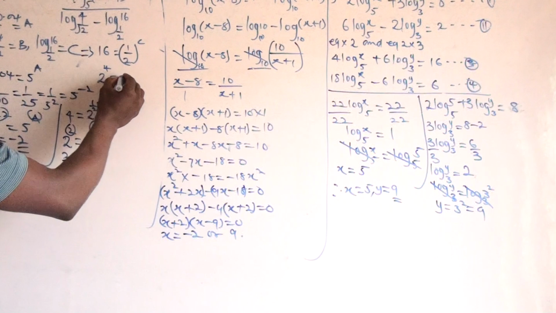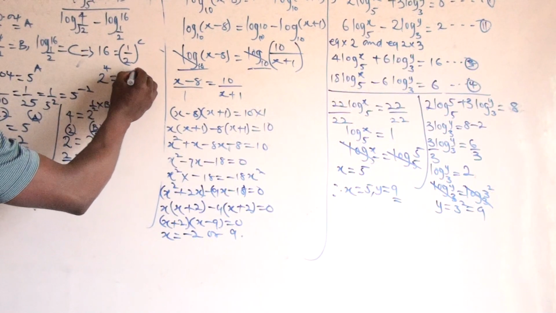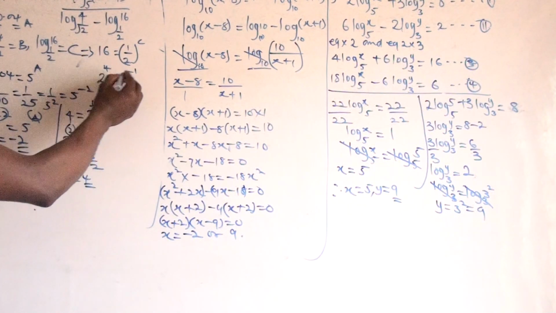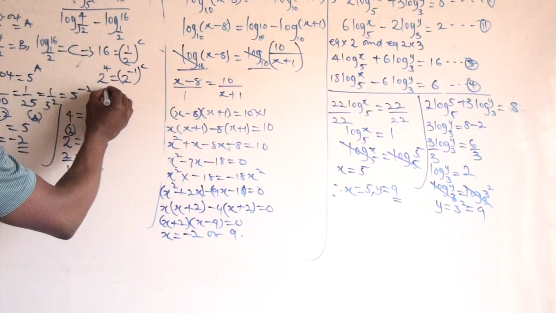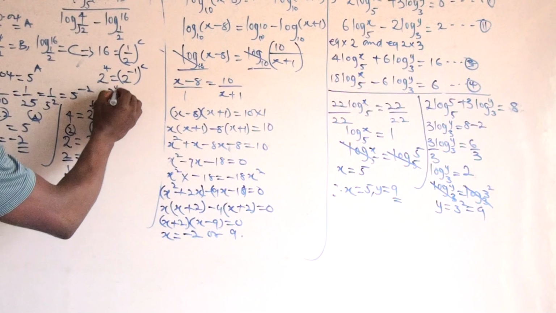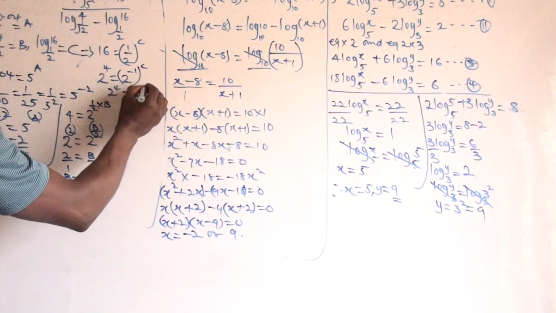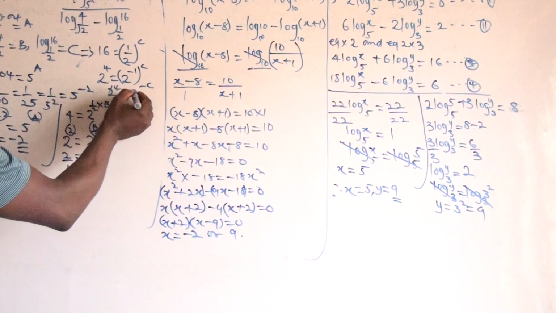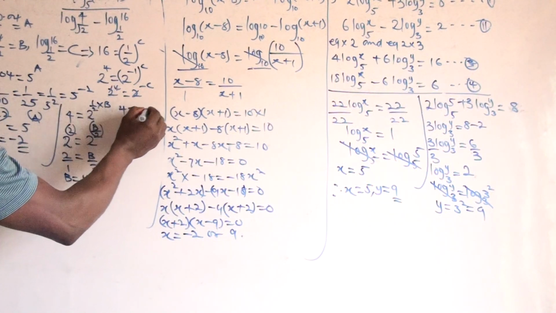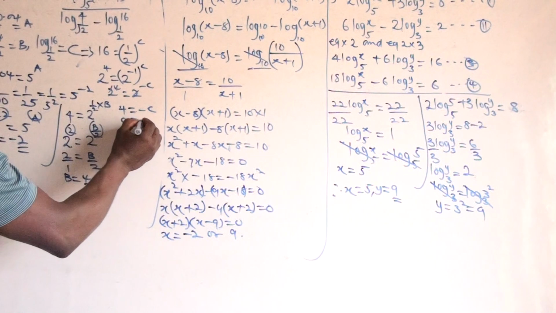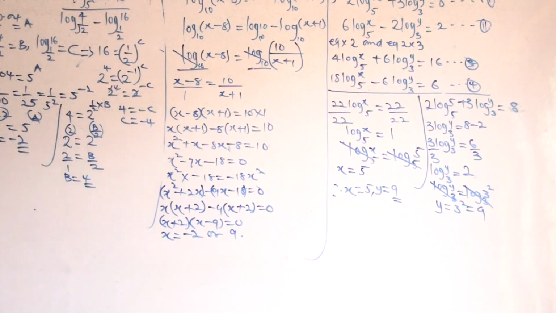Then this half can also be written as 2 raised to power minus 1 from the law of indices, raised to power c. So here we have 2 raised to power 4 is equal to 2 raised to power minus c. So that by the time we equate power, we see that 4 is equal to minus c, and c is equal to minus 4, dividing both sides by minus.